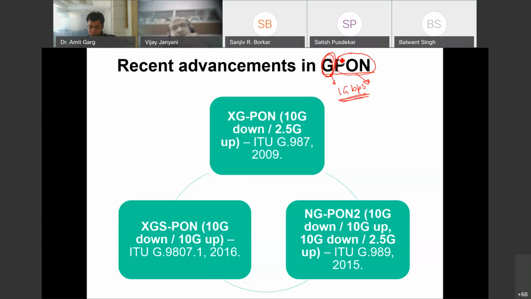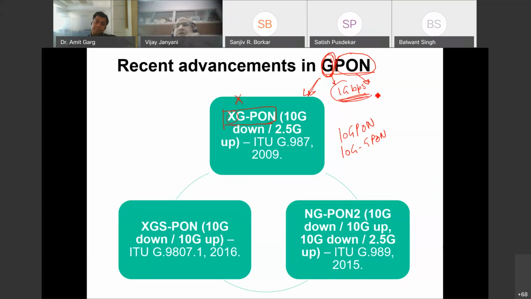Now, some of the recent advances which have taken place in GPON, first of all, is XGPON. Sometimes it is also called 10GPON, or in some books you will find 10G GPON. Various names are given. X actually is for 10, the Roman numeral 10. So XGPON is the next advancement of GPON.